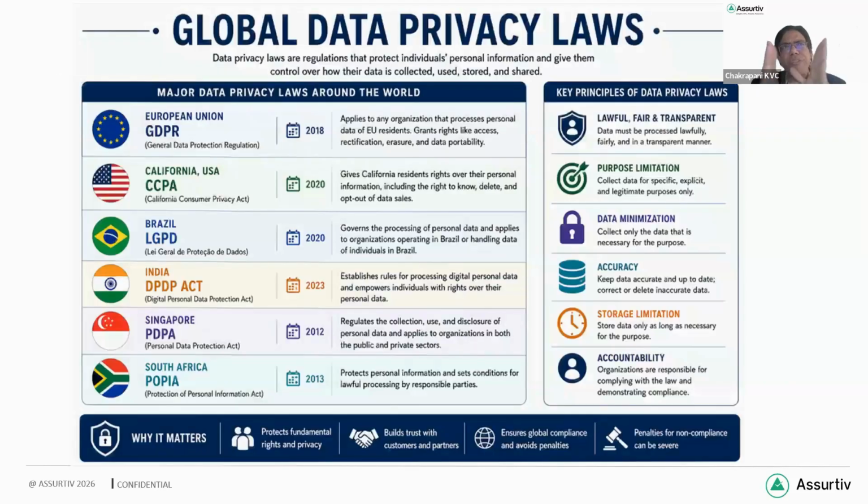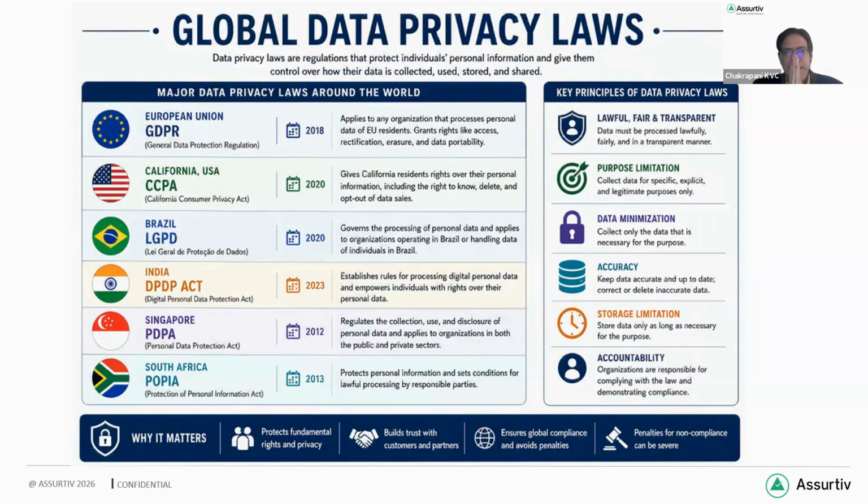Now I would like to give a brief on the global data privacy laws. We are talking about the DPDP Act, which was enacted in 2023 by the Government of India. Along with it, in 2018 GDPR, the General Data Protection Regulation, came in Europe. In 2020, the California Consumer Privacy Act, CCPA, came in the USA. In 2020 itself, LGPD came in Brazil.